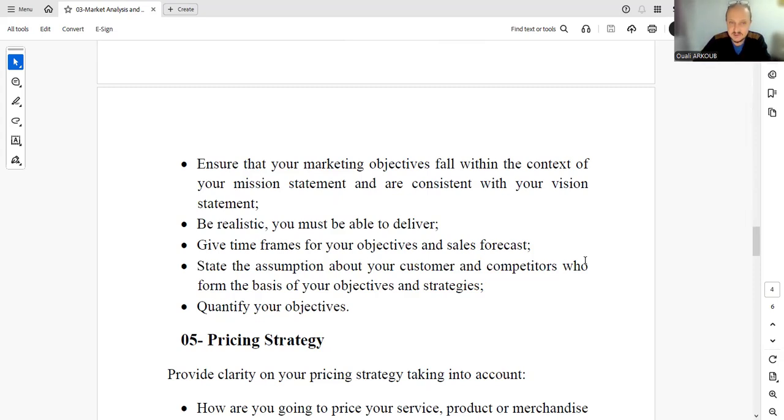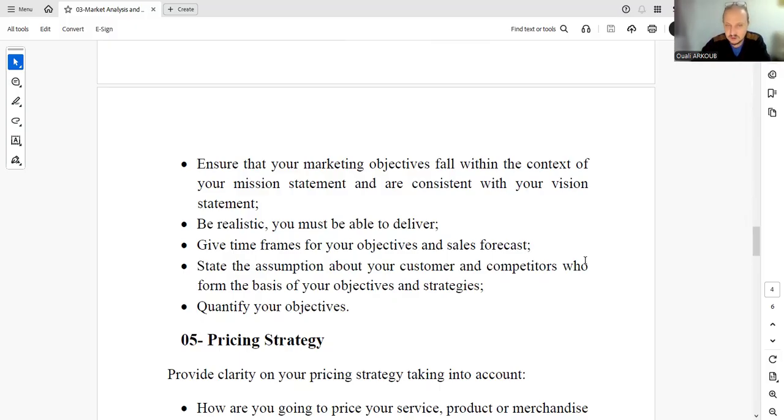Be realistic. You must be able to deliver your product. Give time frames for your objectives in marketing and sales forecast.